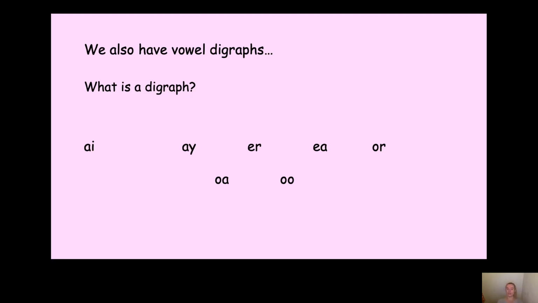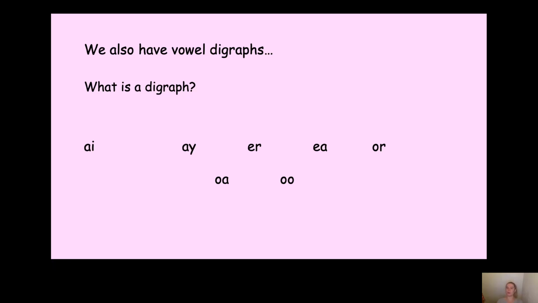Now, what about E? Well, the first letter is E, and we know that E is a vowel. What about A? Yes, it's our first vowel in the alphabet, A. So therefore, E and A are both vowels. So E is a vowel digraph. Well done if you got that right.